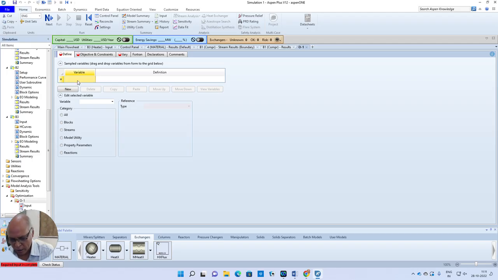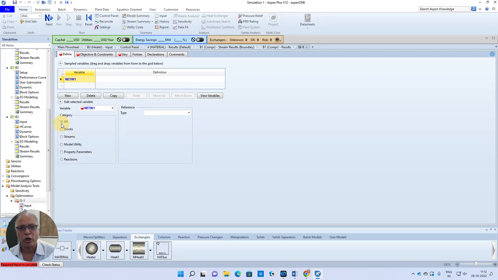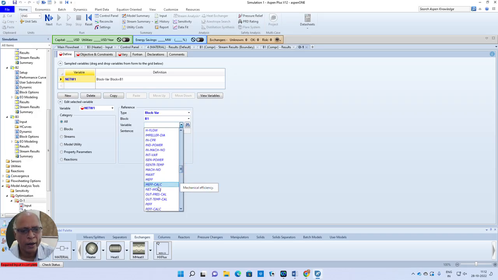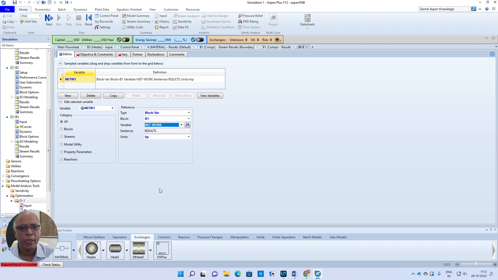So let me define the network in the first compressor, a block variable. Block is B1. Let us say in HP.